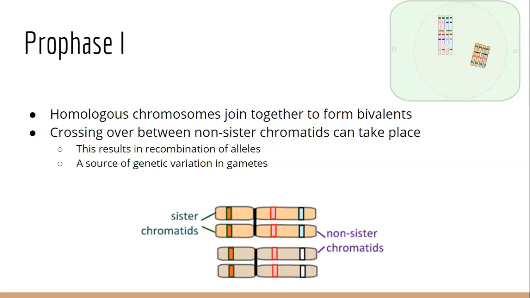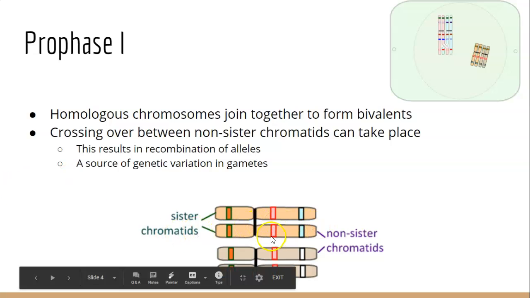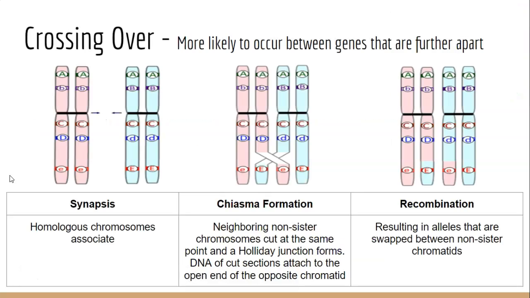Crossing over between non-sister chromatids can take place here, so the closest orange one could cross over with the closest purple one. The ones that are closest to each other would cross over. You would never have the first one and the fourth one cross over. They're just too far apart. And this is a great source of genetic variation in gametes.